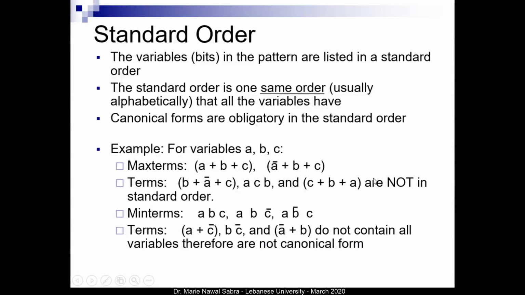Therefore, when you talk about min-term form, or here a max term, they are not accepted. Another condition: if the function is a function of A B C, a term B C bar doesn't contain all the variables, so it is not a min-term.